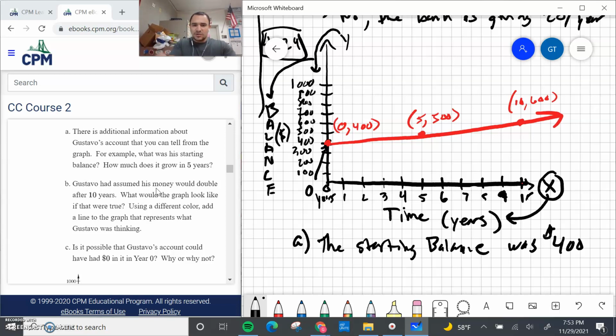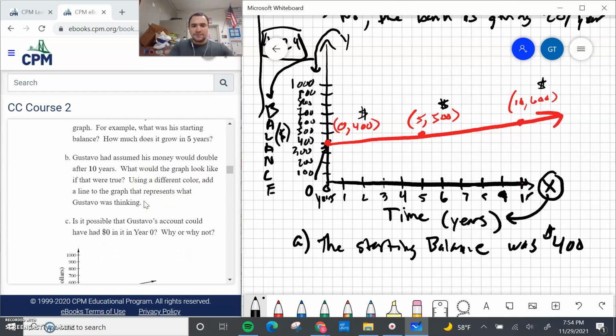Right there is 0. So we want to say 0 years, we got $400. $500 in 5 years, $600. Then, how much does it grow in 5 years? It grows $100 every 5 years.